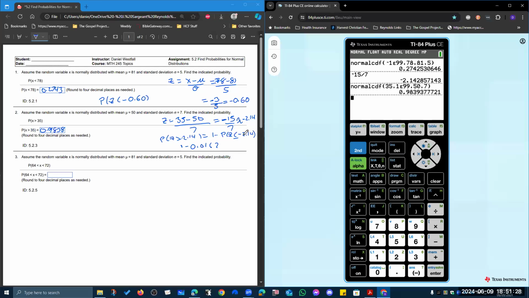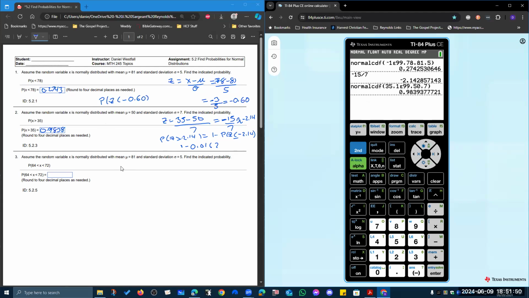So there was a little more area there than we supposed. Anyways, let's keep going here. Just wanted to show you that's one example of when we have to round those z values, where we are going to get some difference between the calculator and the z table.